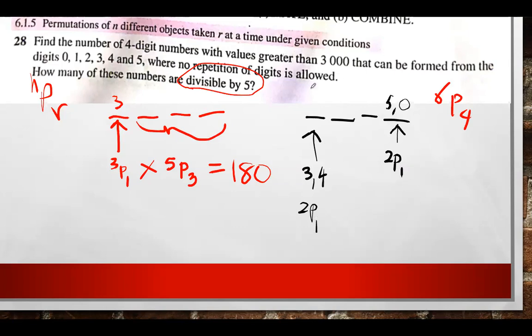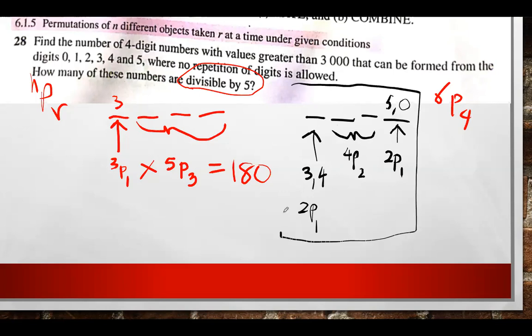Once I put one number here, I'm left with 2 more places, and I have 4 numbers, so this whole section will be 4P2. I don't care what the numbers are anymore because there's no condition. Only these have conditions. The condition is the behind number must be either 5 or 0, so it's 2P1, and the front number is either 3 or 4, which is 2P1. So this is set number 1.